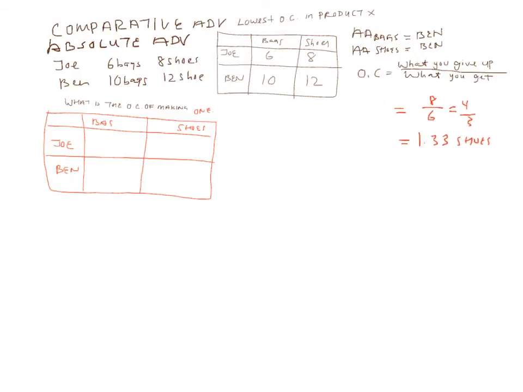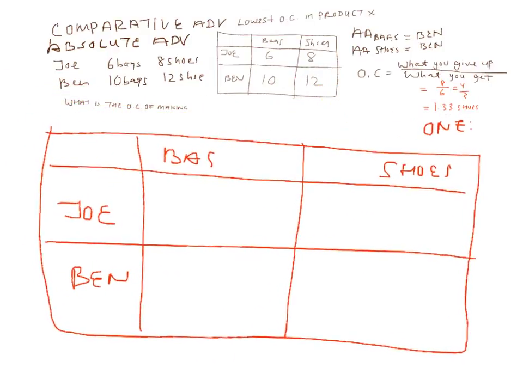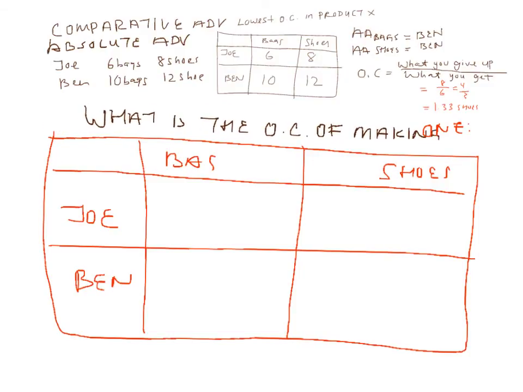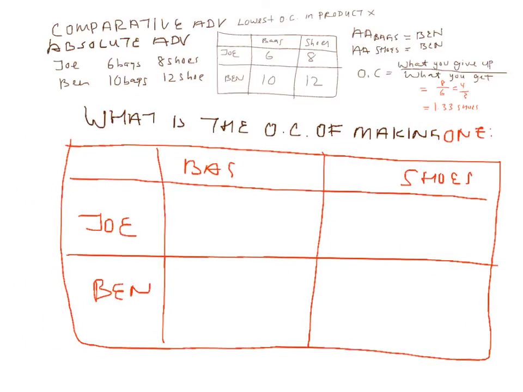So that's what we're basically doing when we look at this table. Again, we've just done it for Joe. If Joe is making only bags, he's going to make a maximum of 6 bags, but he's giving up 8 shoes. 8 over 6, 4 over 3, 1.33 shoes.